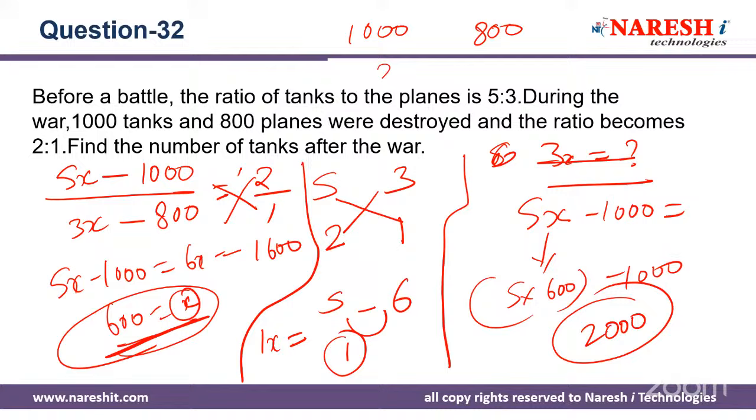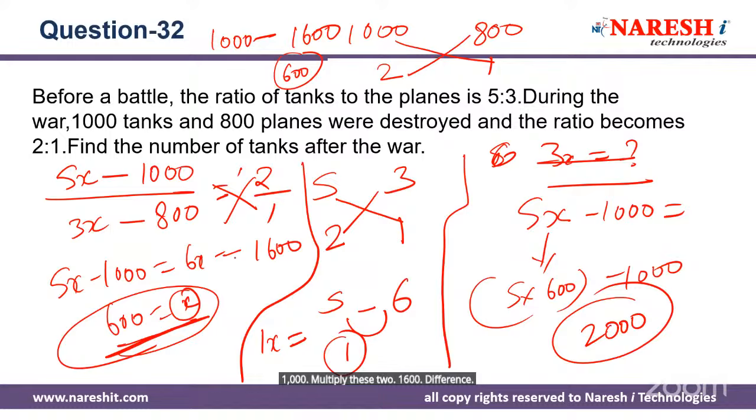Ratio 2:1. Multiply this, 1,000. Multiply these two, 1,600. Difference, 600. Right here, you can directly calculate the x answer, 600. Once you know x, 5x will be 3,000. From that, subtract 1,000. Remaining 2,000 tanks.